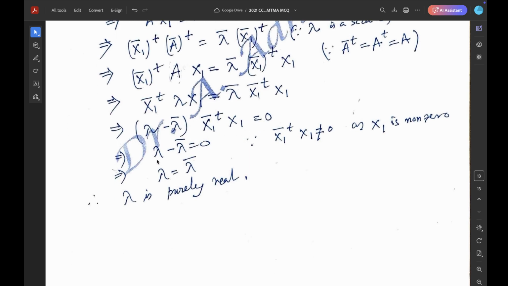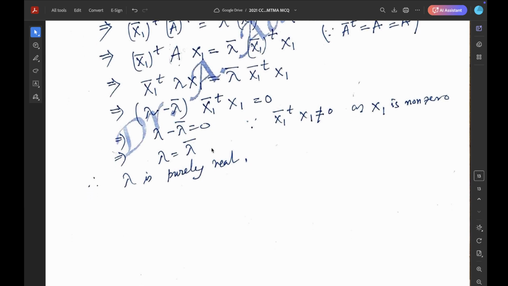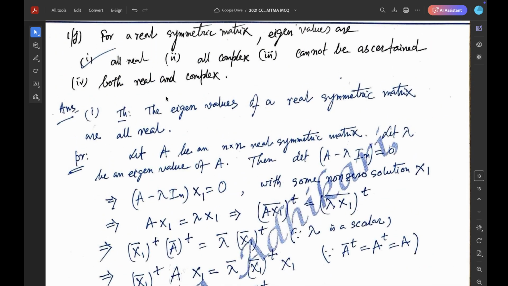This lambda minus lambda bar equals 0, because X1 bar transpose X1 is not equal to the null matrix, since X1 is non-zero. Hence lambda equals lambda bar, where lambda bar is the complex conjugate of lambda. Hence lambda is purely real. So the correct option is all real.